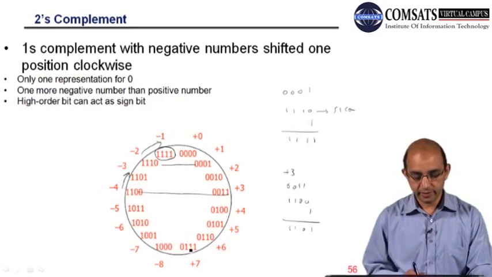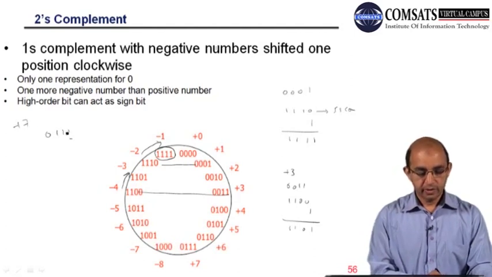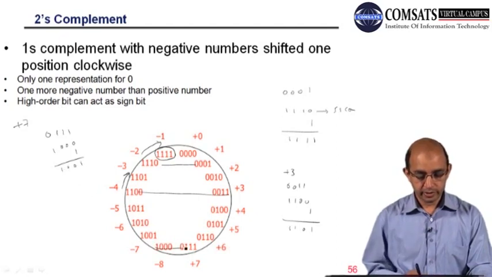If I take 0 1 1 1, that is plus 7, here 1 0 0 0, 1 0 0 1. You can see this is 1 0 0 0, ones complement, and I have to move one bit position towards the clockwise direction, so 1 0 0 1.